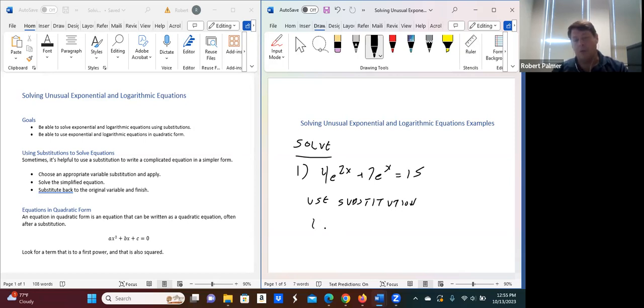Since our variable is x, I'm going to use y. Let y equal e to the x.